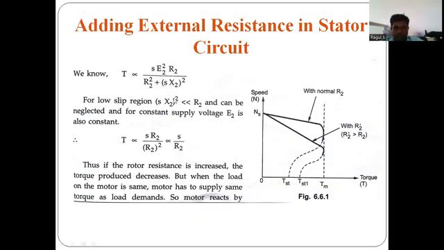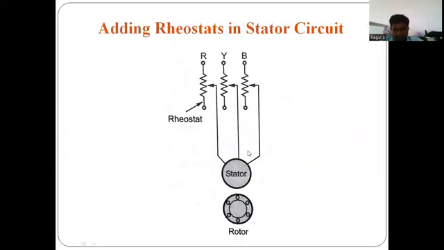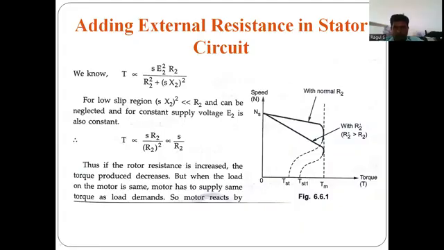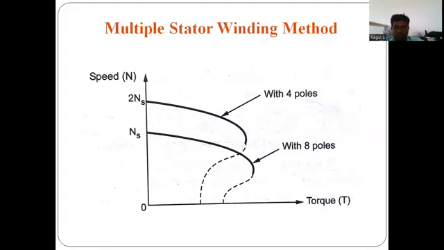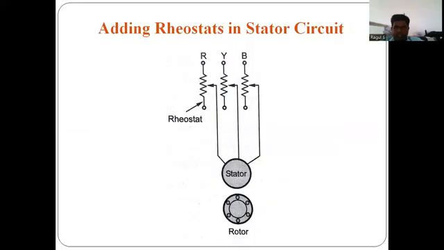The rotor resistance value will be maximum and the torque decreases. When the load of the motor is the same, the motor supplies the same torque as the load demand, so the motor reacts with different torque values. So the torque will be changed, and the motor speed also changes.